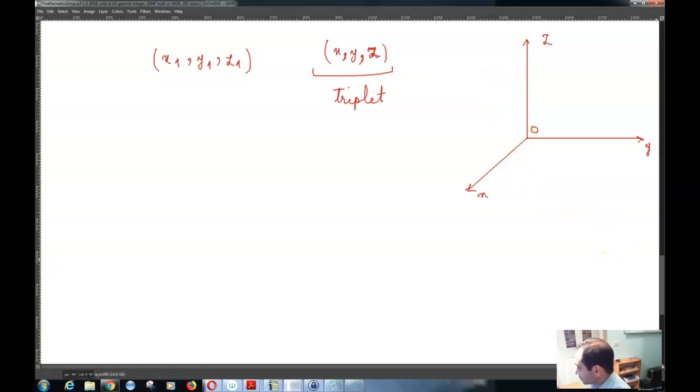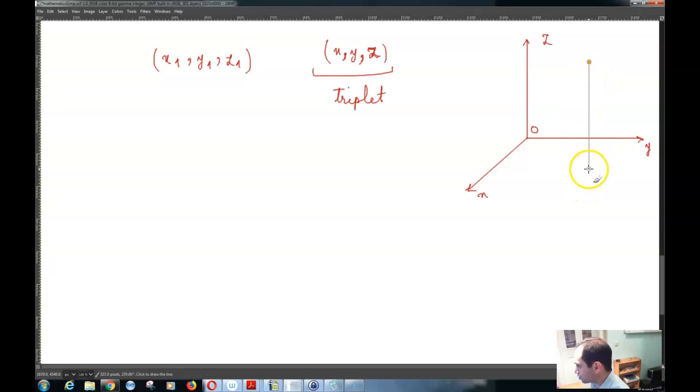So now imagine that you are given a point in space, for example, somewhere over here, and you want to find the position of this point in the coordinate system. So you drop a perpendicular on the XY plane. There is a plane over here associated with these two axes, as we discussed before.